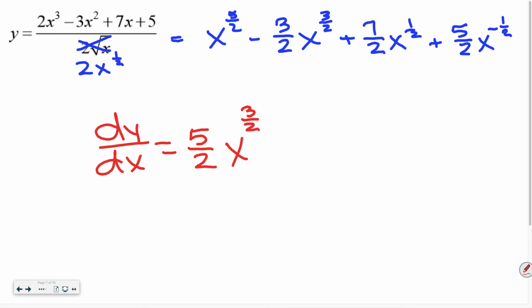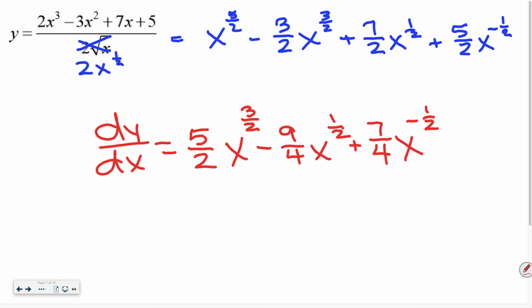We have negative 3/2 x to the 3/2. We take our power and multiply it out in front, and decrease our power by 1. And again, 7/2 x to the 1/2. We take our power and multiply it out in front, and decrease our power by 1.